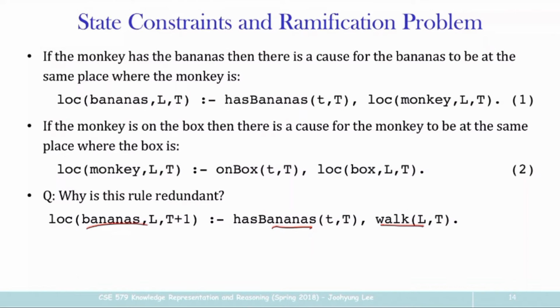The basic problem here can be described as how to describe indirect effects of an action. Now, the monkey walking to another location is a direct effect, but it also involves an indirect effect if the monkey has the bananas. Why is this a problem?